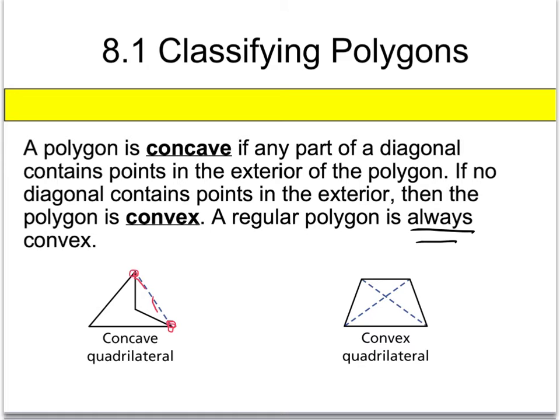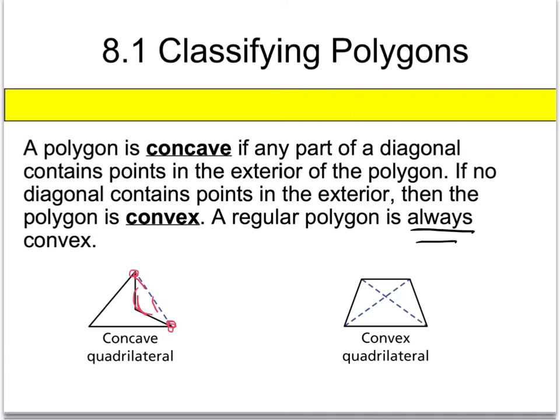Okay, so because of that diagonal forming on the outside or the exterior of the shape, that is concave. Also, if you notice right here, it's an indent and it kind of forms a little cave-like shape. Convex shapes are going to have all their diagonal points on the interior, on the inside of the shape.